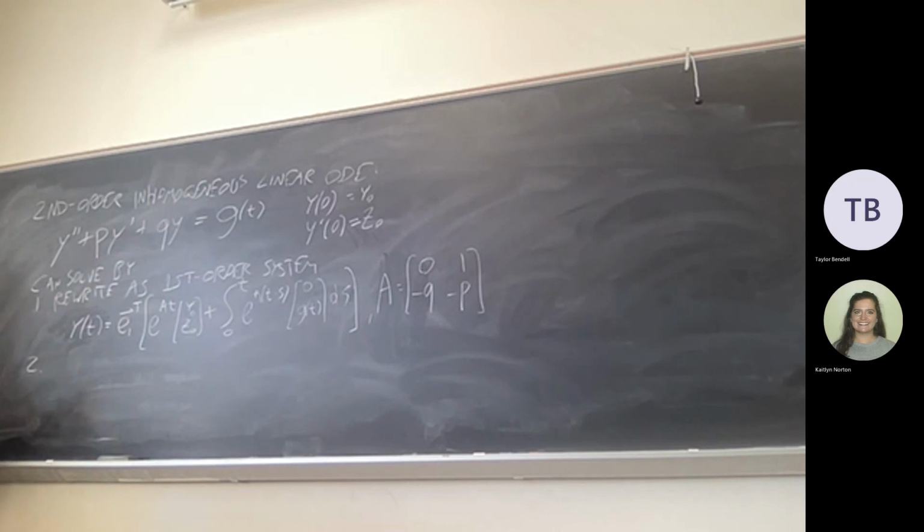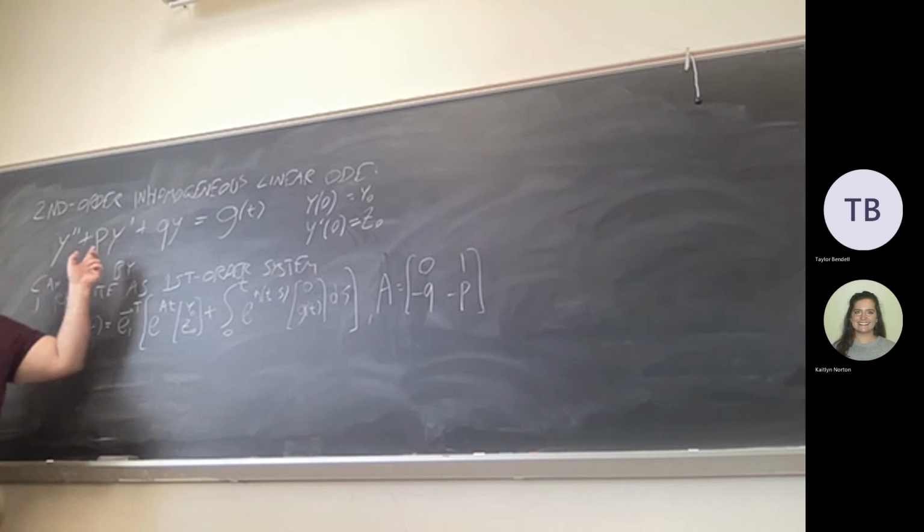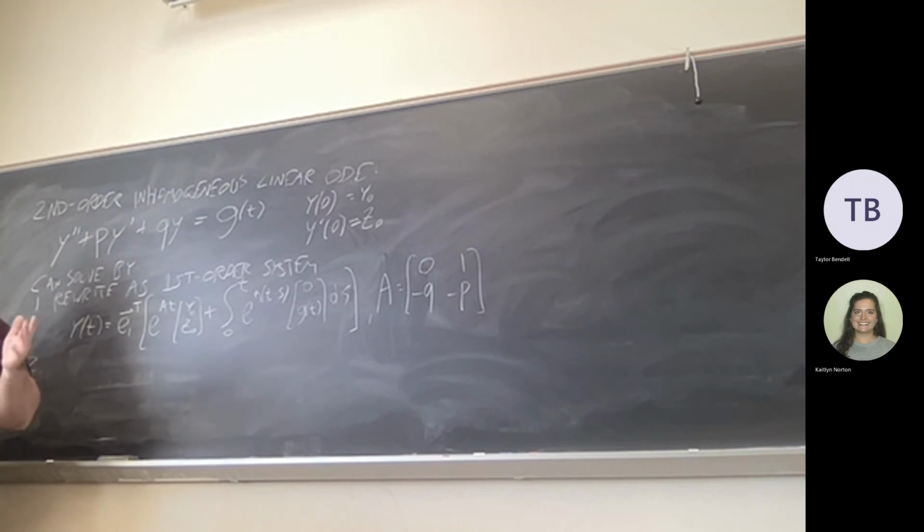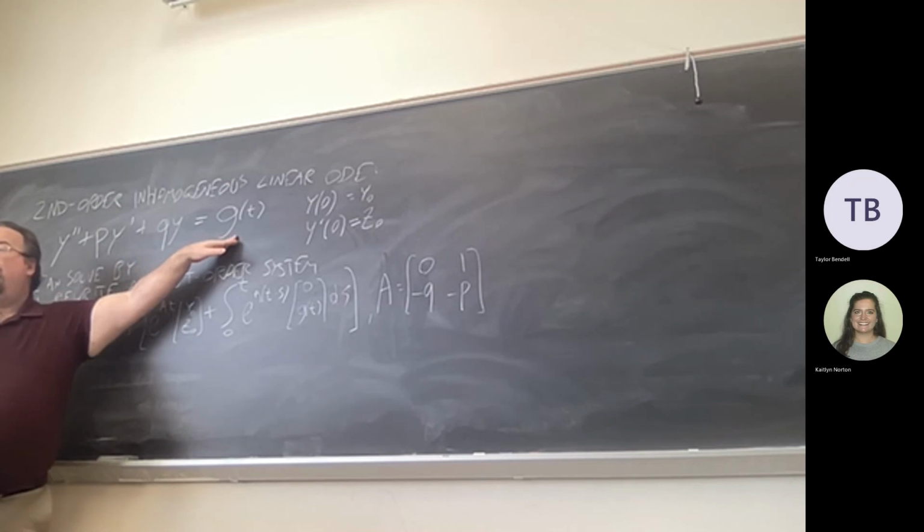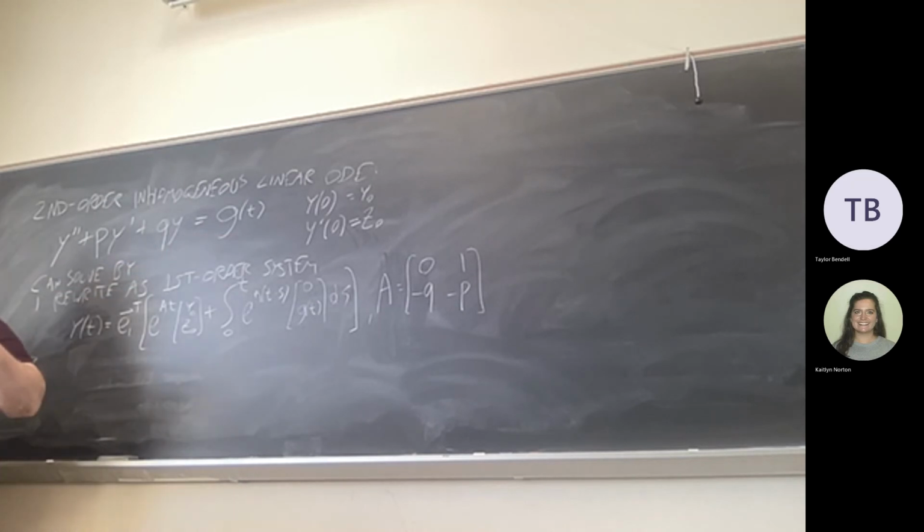Because in a class like that, you learn how to solve it when it's equal to 0, and that's where you do the characteristic equation, take the roots, and have those cases of distinct real roots and exponentials, and complex roots, sine and cosine. And then they teach you two methods in particular for solving it in the non-zero case.